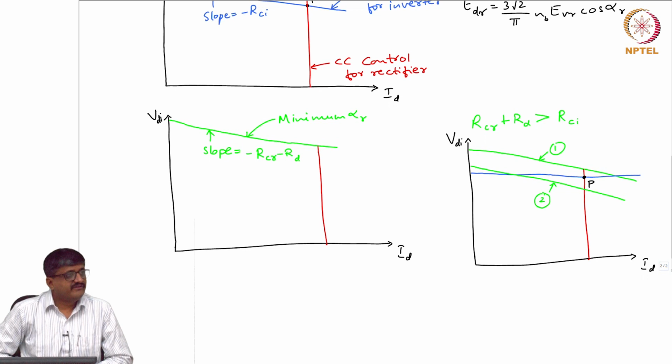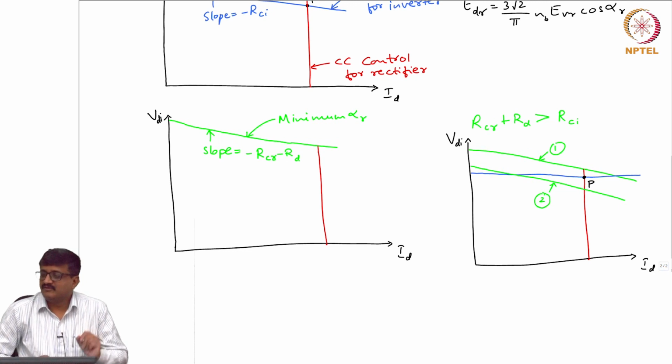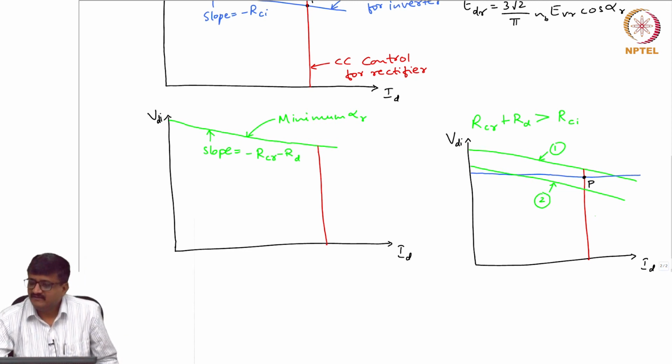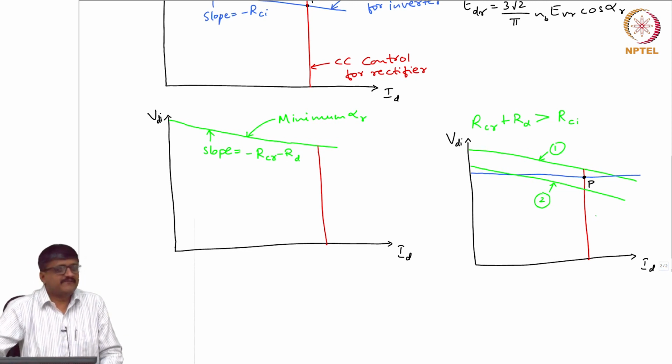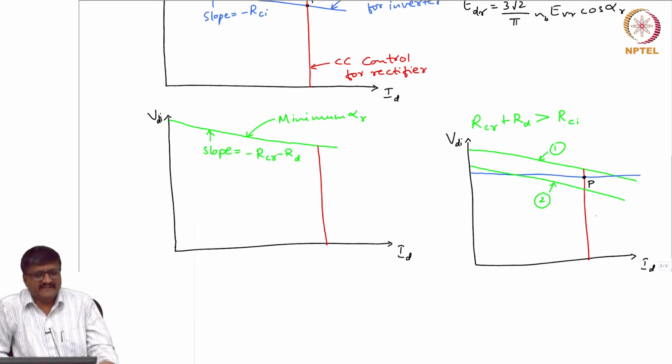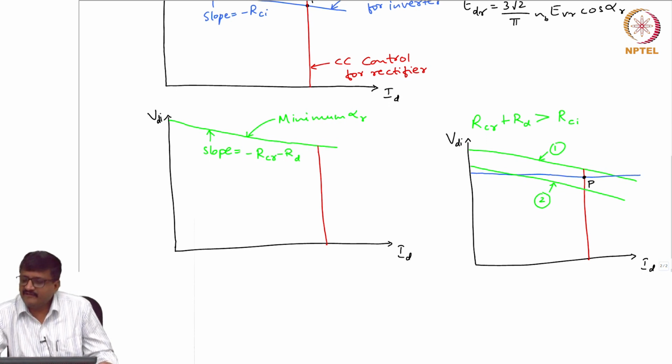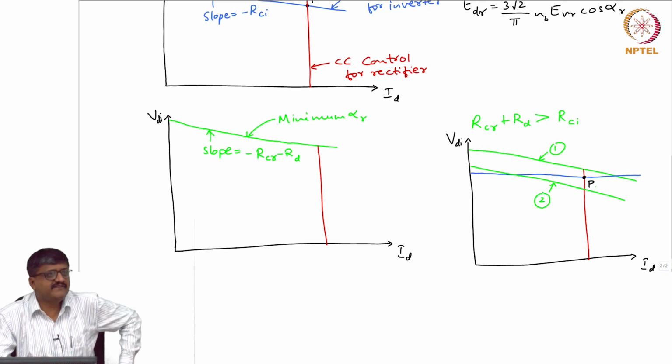Now, what is the point of operation of the system? Obviously, it is the intersection of two line segments. Which are those two? Red and green? When you say the intersection of red and green, CEA is not maintained, CEA is avoided.